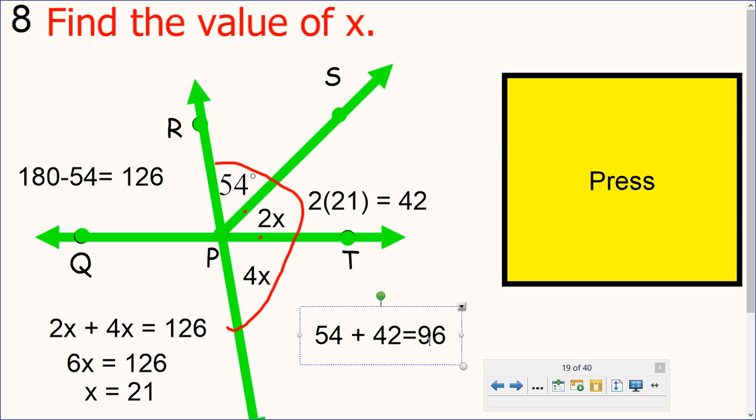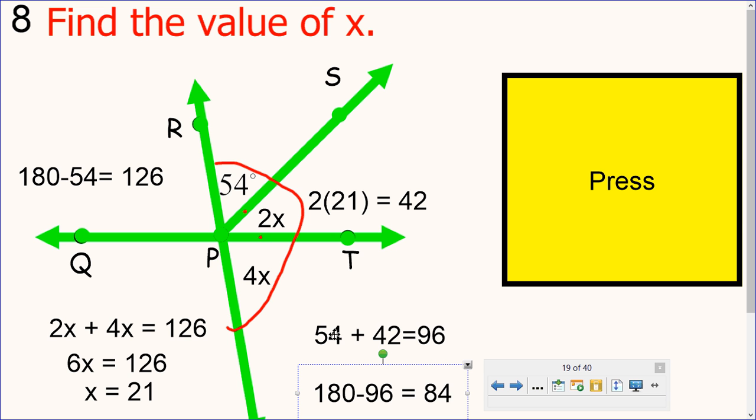So to find this one, I know I can multiply 4 times 21, but why don't I just take 180 and subtract 96? All right, so 180 minus 96 gives me 84. So this angle's got to be 84.